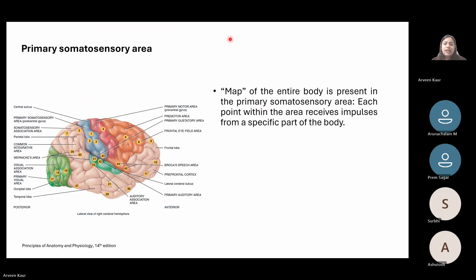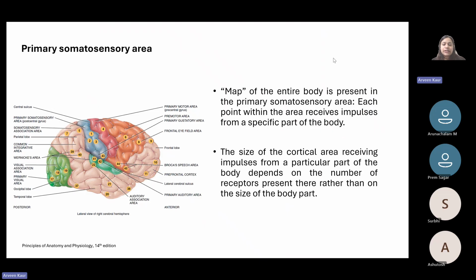Right? The map of the entire body is present in the primary somatosensory area. Each point within the area receives impulses from a specific part of the body. The size of the cortical area receiving impulses from a particular part of the body depends on the number of receptors present there rather than on the size of the body part, right?